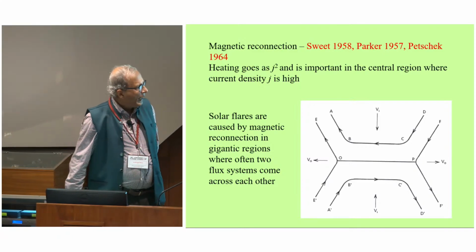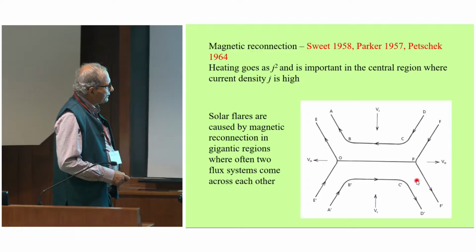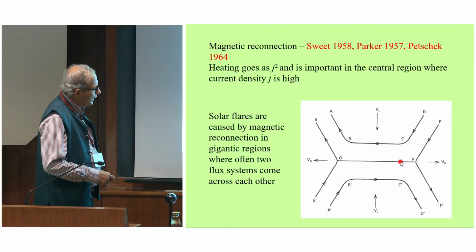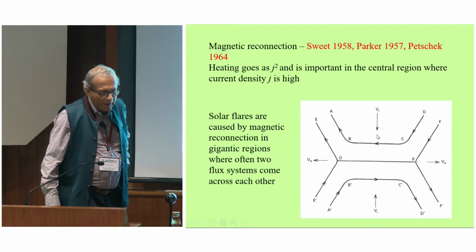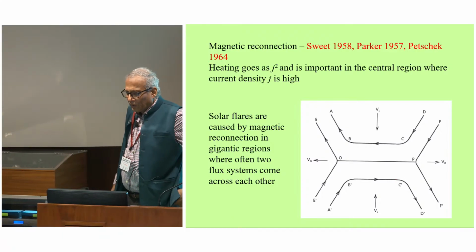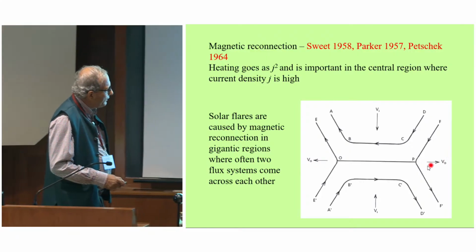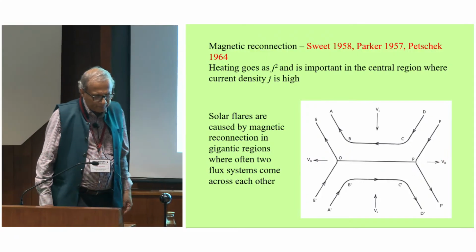By applying Ampere's law of electromagnetism, you can easily show that the current density would be highest in this region, and as ohmic heating goes as J squared, we expect that the heating would be maximal in this region.